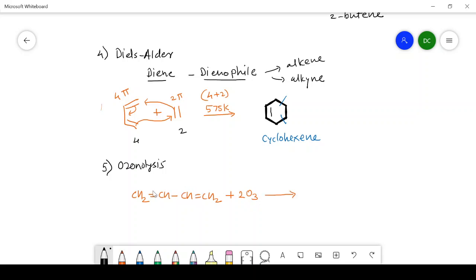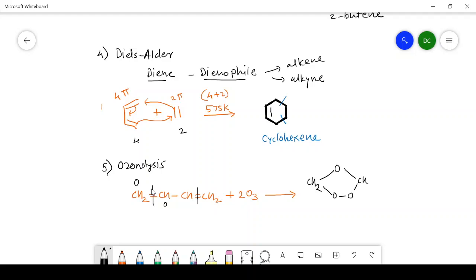In ozonolysis, these double bonds are going to collapse or break down to form the corresponding carbonyl compounds, and from this side oxygen is added, from this side also oxygen is added. In this way on both sides oxygen is added, that's why it is an oxidation reaction. In the first step we get this type of diozonide, and this diozonide I will write here: oxygen, then oxygen, oxygen, and then it is attached with the CH.